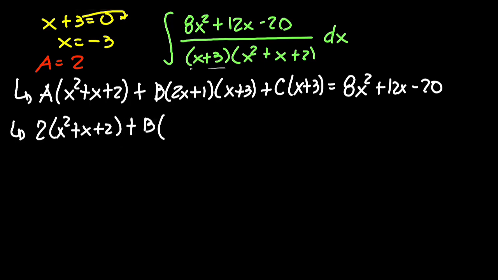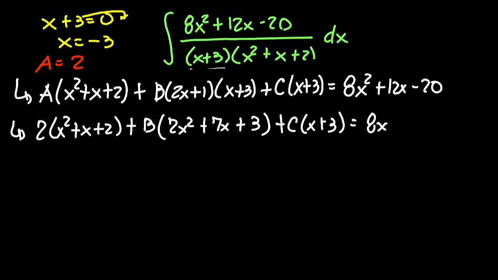So a here would be equal to 2 plus b, and combining these two values together, you would have a value of 2x squared plus 7x plus 3 plus c multiplied by x plus 3 equal to 8x squared plus 12x minus 20. And now, next step would be to distribute all of the outer into their respective parentheses.